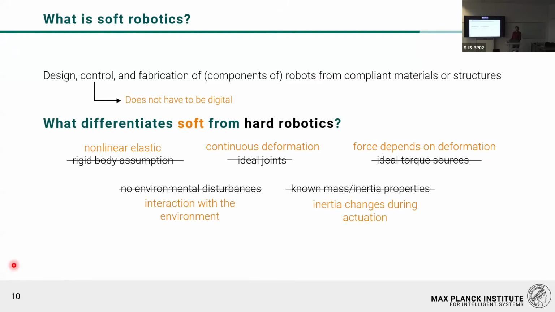So let's scratch all of those things and change to soft materials. And then we realize we suddenly work with nonlinear elastic materials. Everything is continuously deforming, so there are no ideal joints anymore. The force very much depends suddenly on the deformation as well, as does inertia. And suddenly we become also able to interact with the environment.